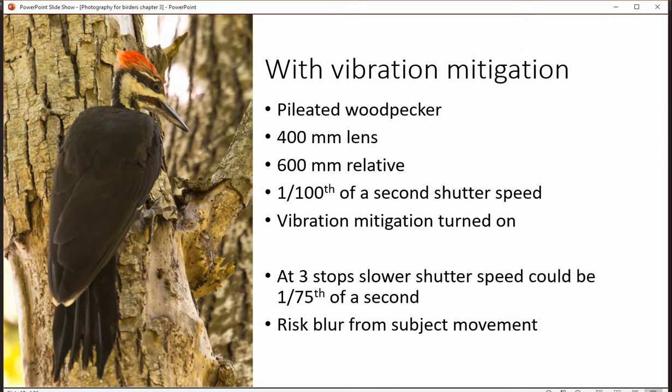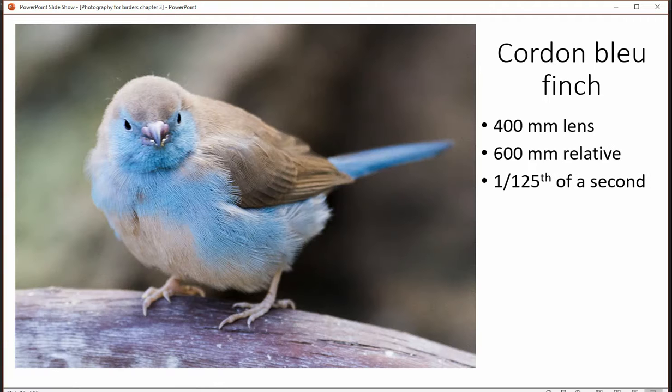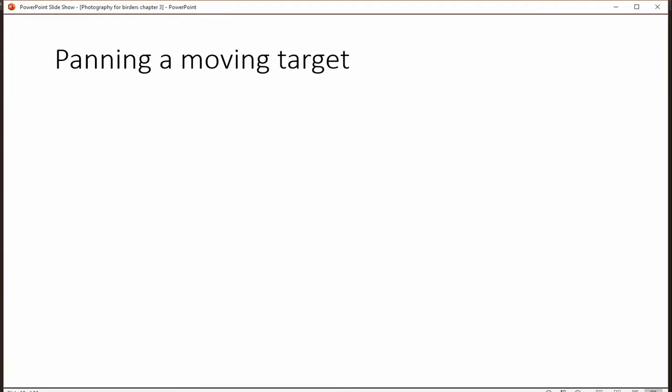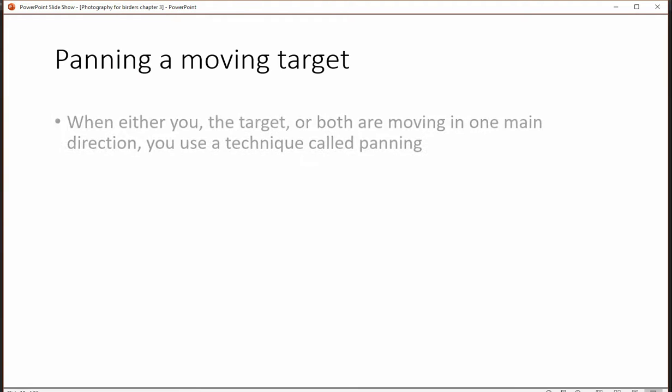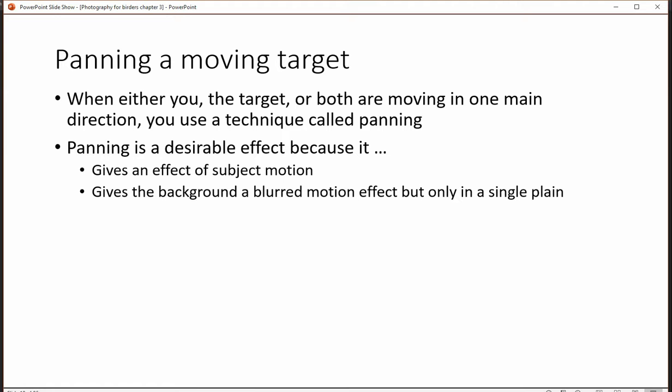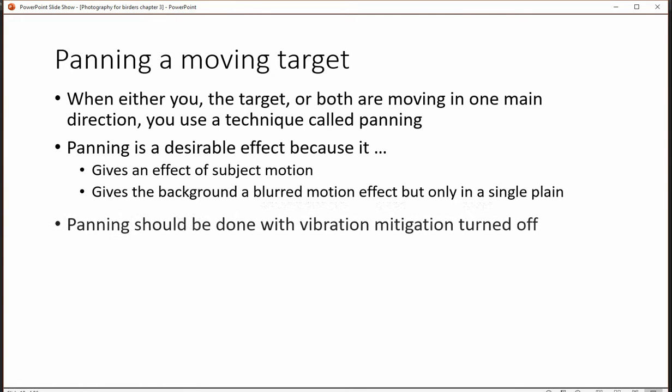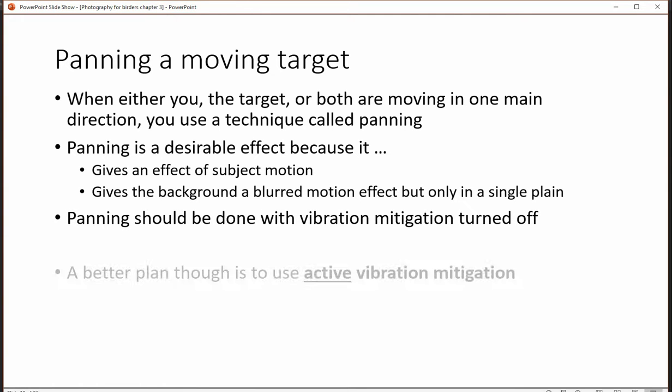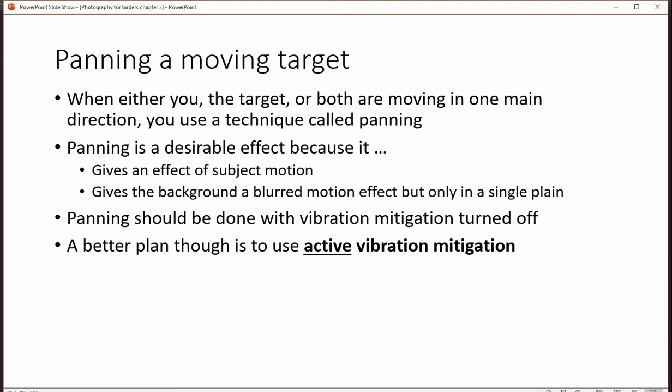So if you have vibration mitigation, then you can use that 2 or 3 or 4 stop rule, and you can reduce your shutter speed by quite a bit. But you got to remember that is for a subject that's not moving. If you are panning, what you want to do is pay attention to some of the information, some of the functions on your camera. I like to pan. I find panning it does a very nice job of providing some very good photographs.